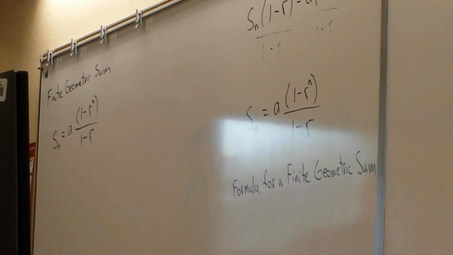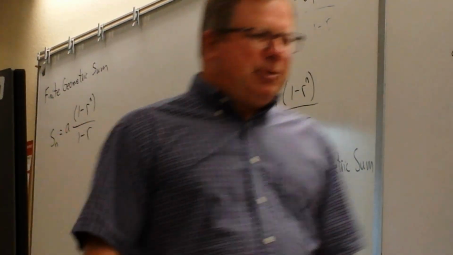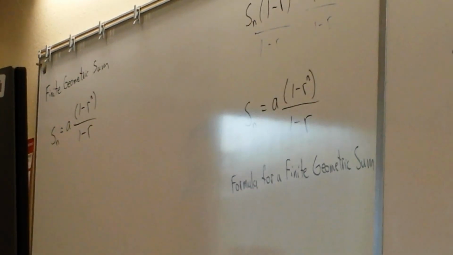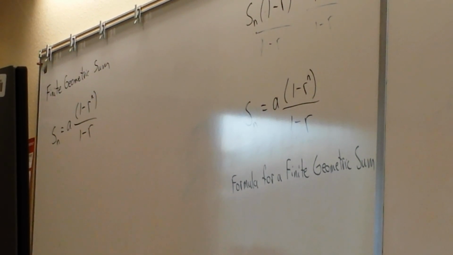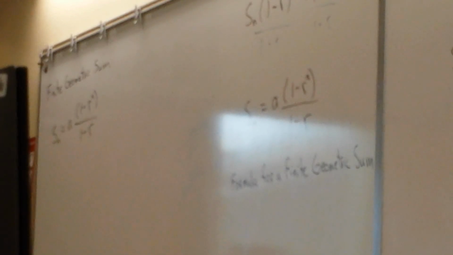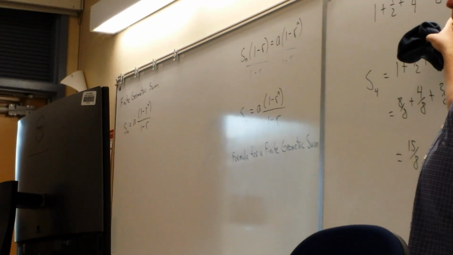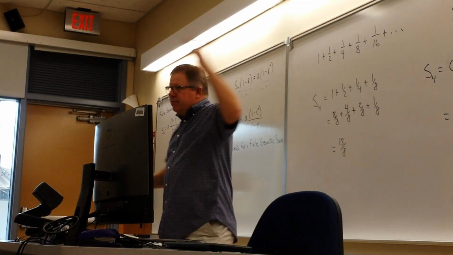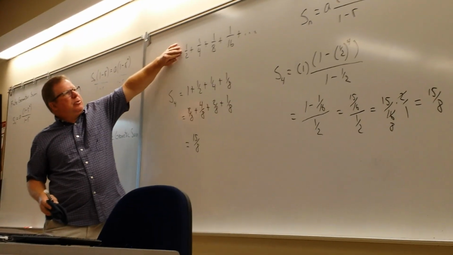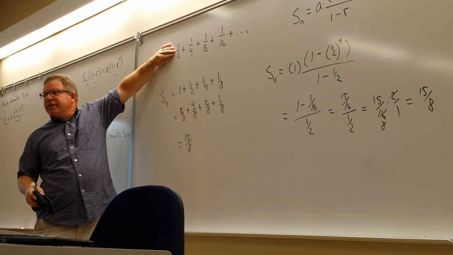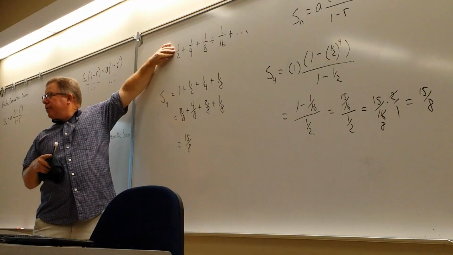So now we're going to talk about what happens when we carry this out infinitely. We know that this has a finite answer. We know from last week that the sum of that, starting with 1/2, is 1. That's when I divided up the square.